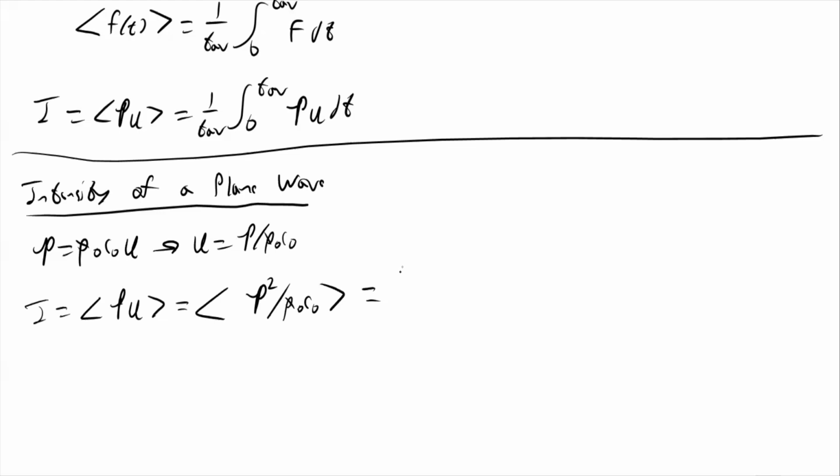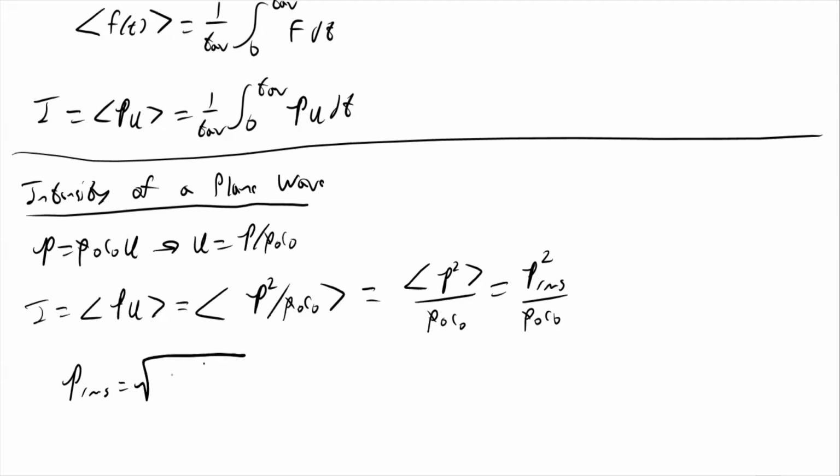Well, the rho naught and c naught don't depend on time, so they can come out of the time average. And now we'll say that this is actually equal to P RMS squared over rho naught c naught. Well, what is P RMS? RMS stands for root mean squared, and P RMS is equal to the square root of the time average of P squared.